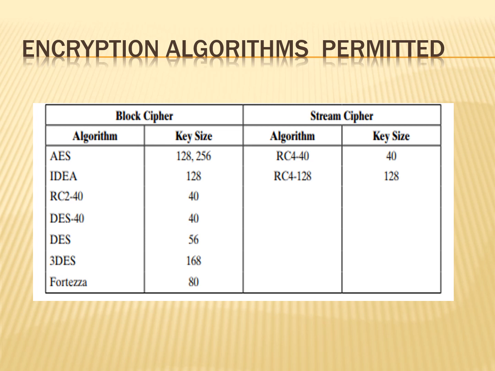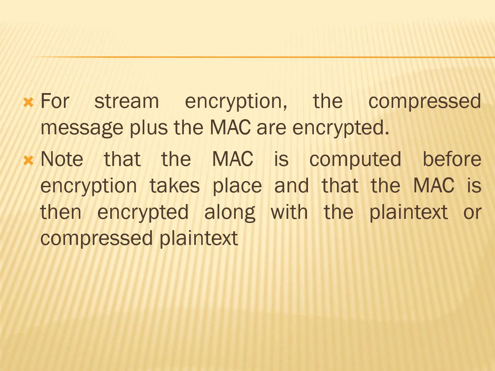The total amount of padding is the smallest amount such that the total size of the data to be encrypted is a multiple of the cipher's block length. To make the total an integer multiple of 8, one byte of padding is added.